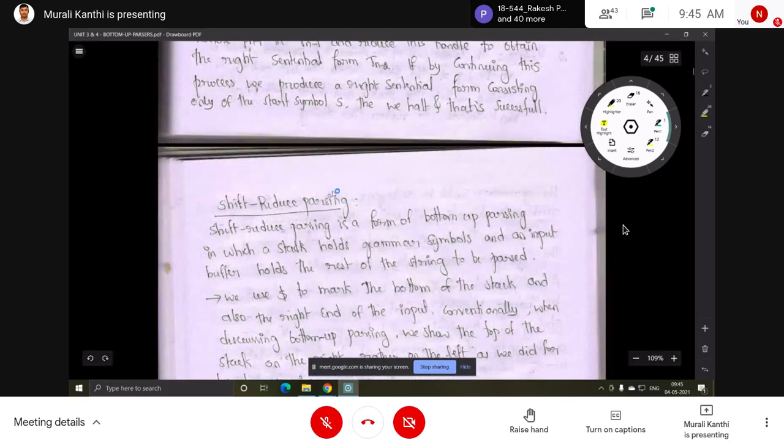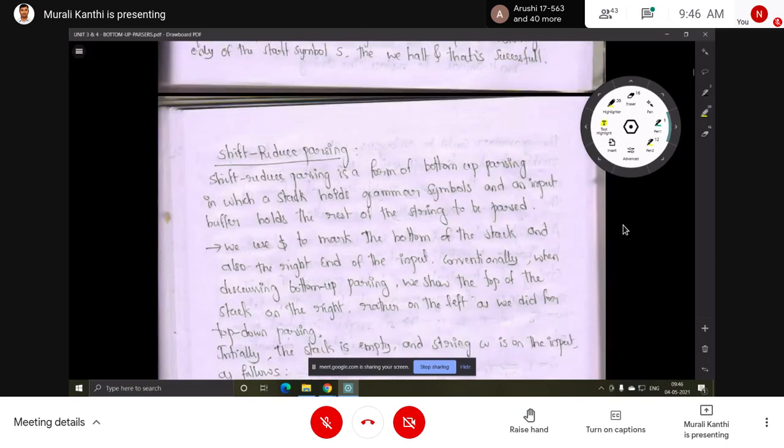This is the basic parser in the bottom up approach. It also has some problems, so to overcome that, other LR parsers are introduced. In the LR parser also the shift reduce concept is used. First we will see what the shift reduce parser is.